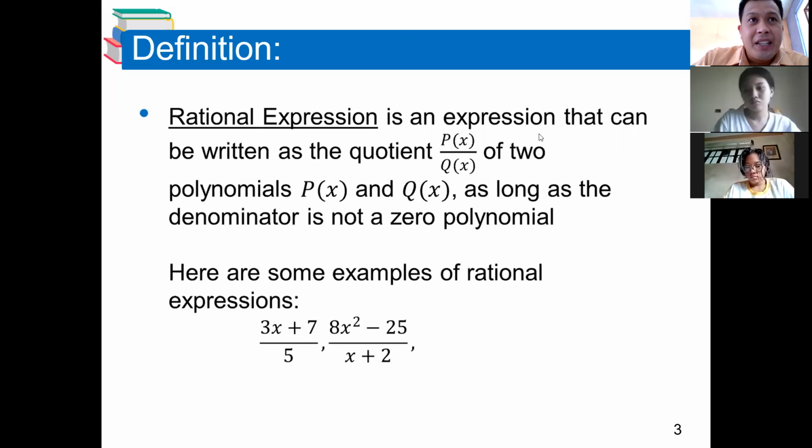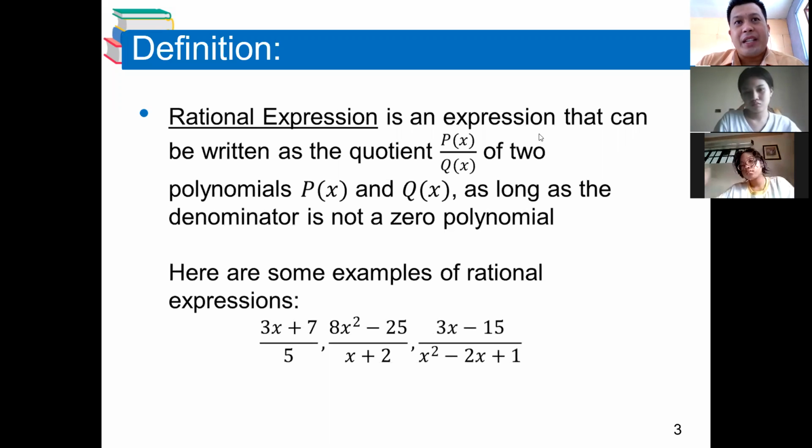Notice 7 here. The literal coefficient is x to the power of 0. Grade 9 algebra: a number raised to the power of 0 is equal to 1. So 7 times 1 is just 7. That makes it a constant expression. And another one wherein your denominator is a trinomial. So these are rational expressions.